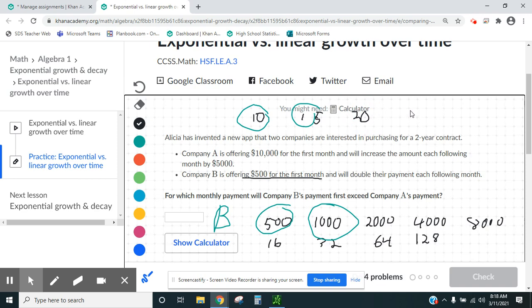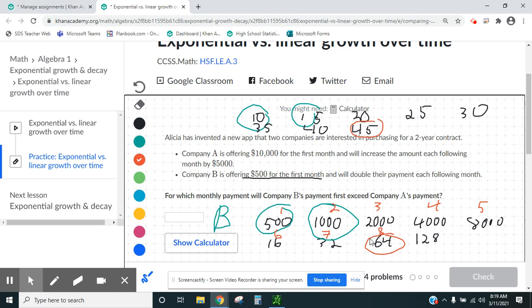This is 25. This is 30. And now we're going to start row 2. 35, and then 40, and then 45. Bingo. Right here. That's after 1, 2, 3, 4, 5, 6, 7, 8. On month 8, company B pays more, doesn't it?